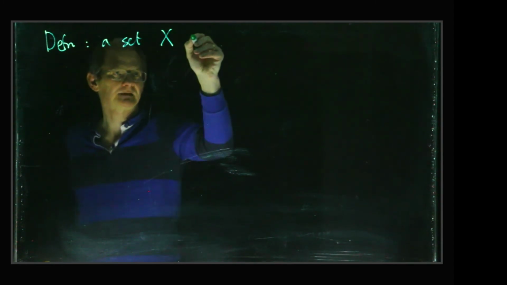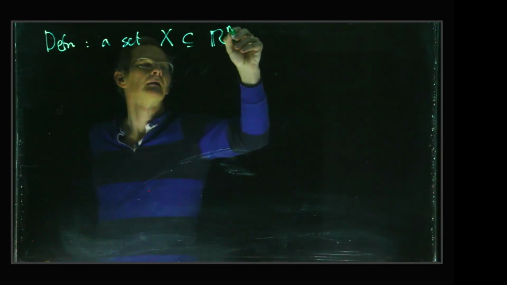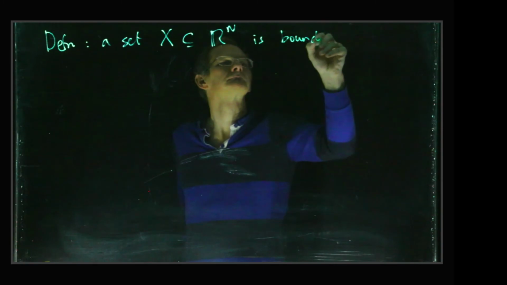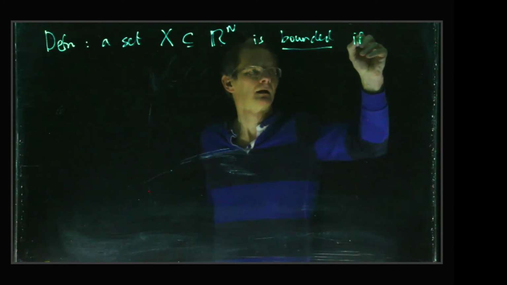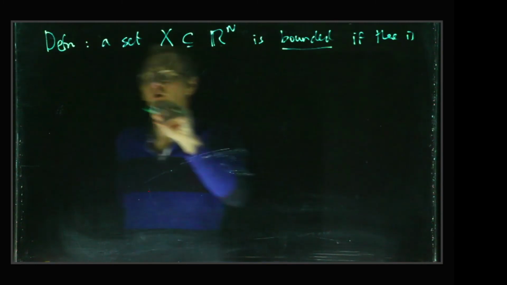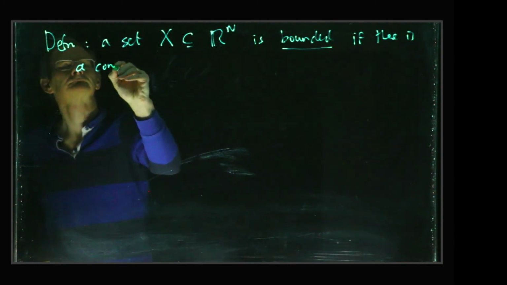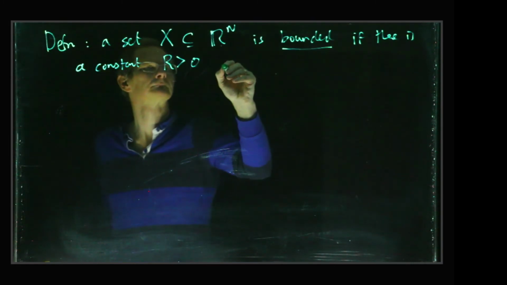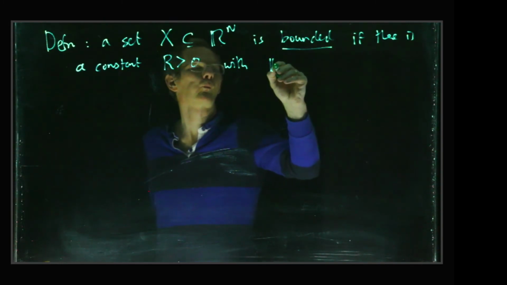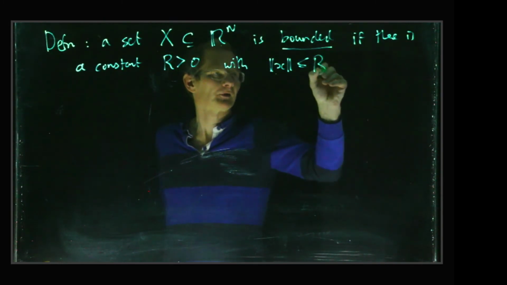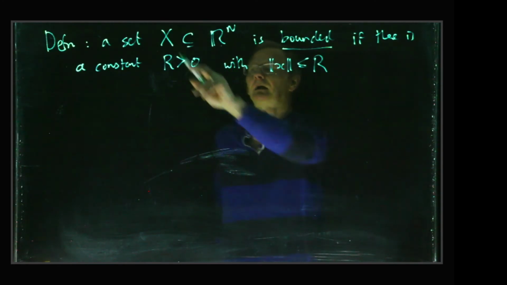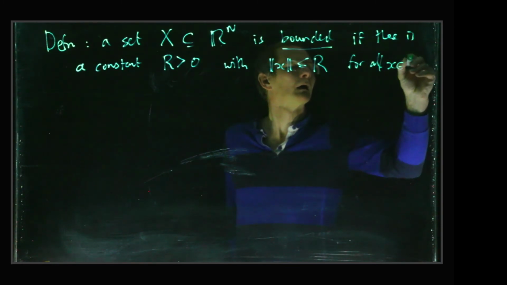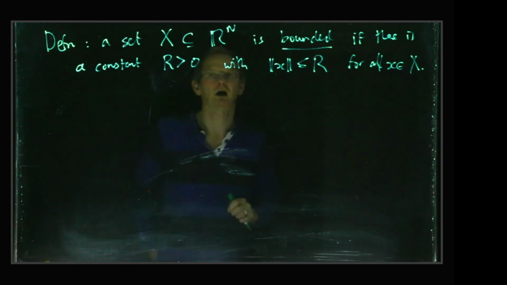So firstly, let's say a set X in Euclidean space Rn is bounded if there's a constant, a capital R, such that every element of the set has norm less than or equal to R.